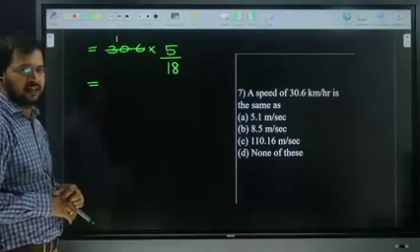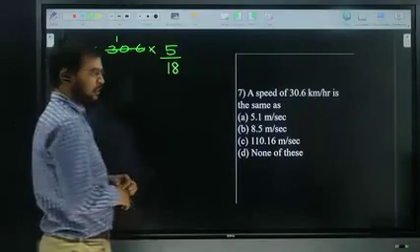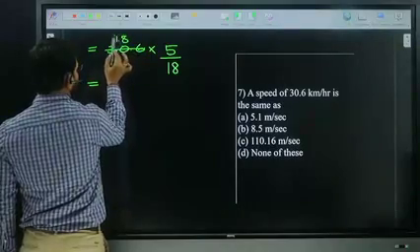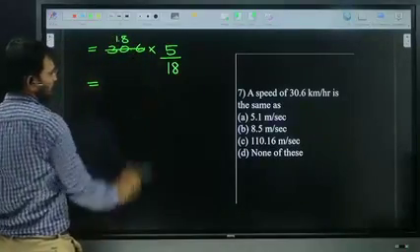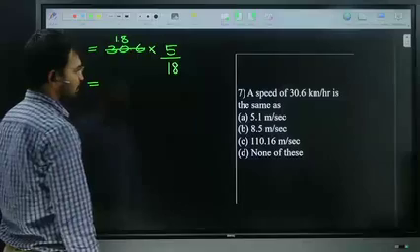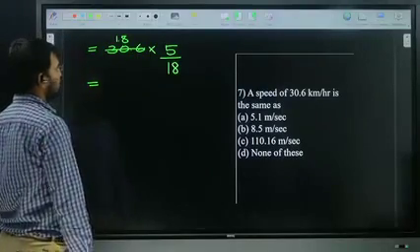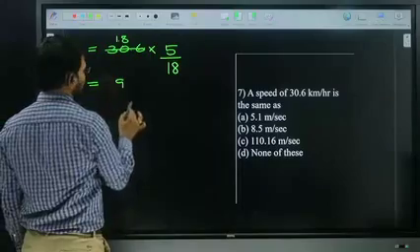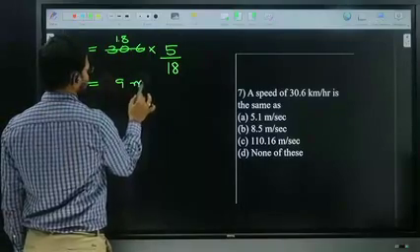So now it is 1.8. Then 5 into 1.8 is nothing but 9, meters per second.